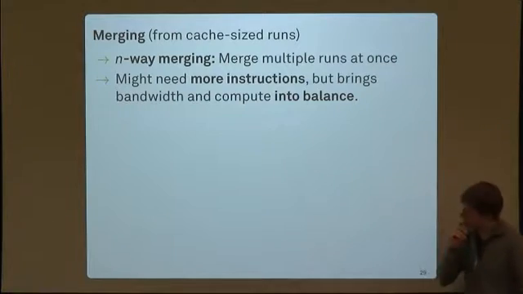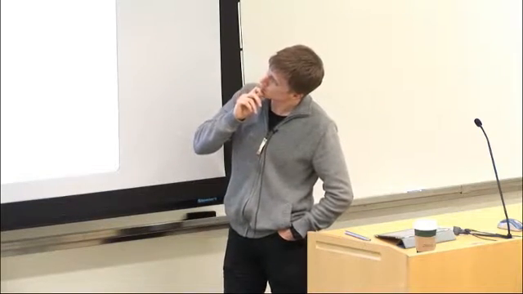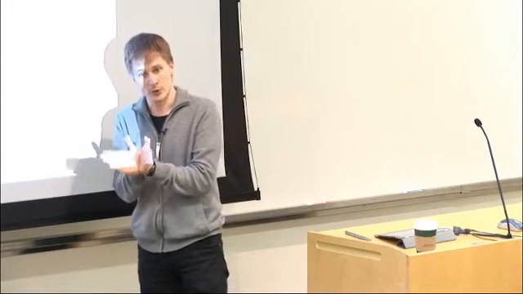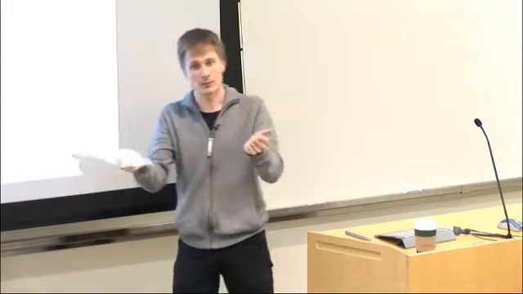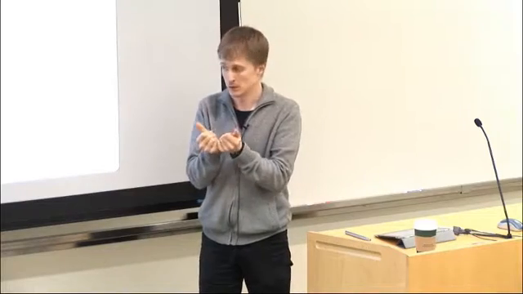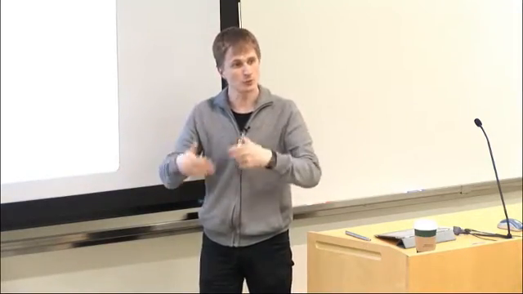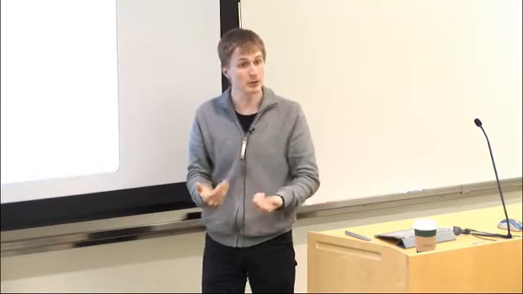Now, one thing you can do is, rather than just doing two-way merging, this is what makes your bandwidth demand so high, because you need to repeatedly do the merge. So you repeatedly need to basically reread the same data.